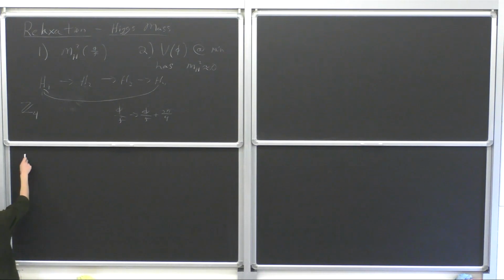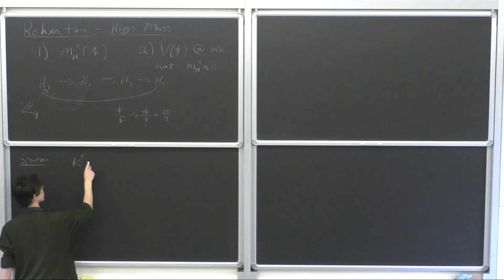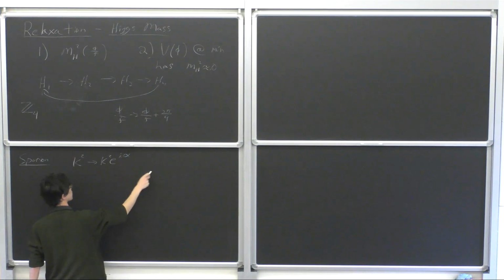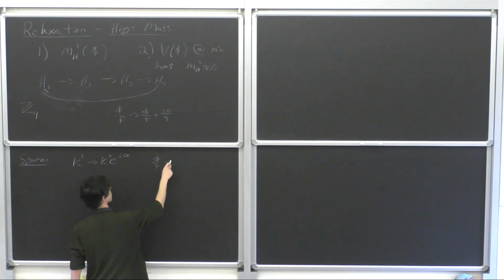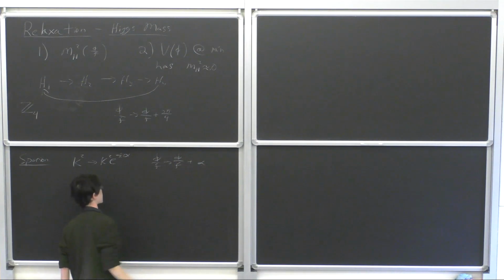The last thing was a spurion, kappa squared, which goes as kappa squared e to the i alpha, phi over f. I think I had a minus sign last time. And then we just said, write the most general renormalizable Lagrangian consistent with all symmetries.